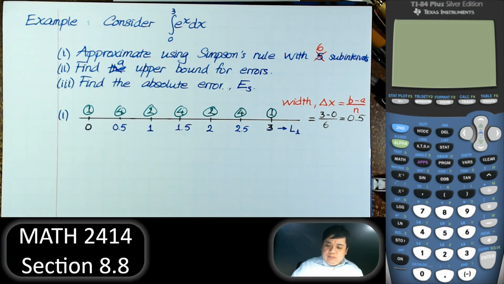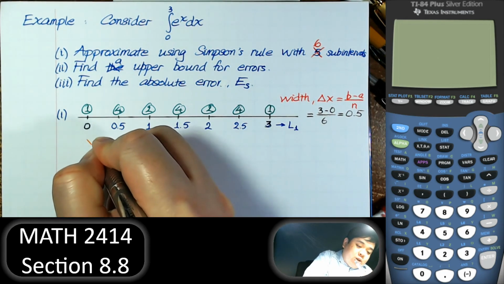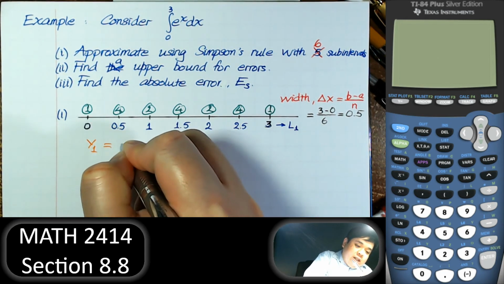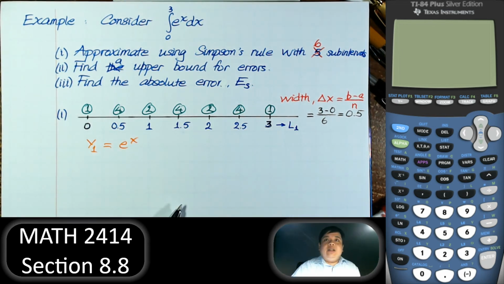Right, so to avoid any error like I made earlier, the first thing we do is just store the function. It's e to the x. So Y1 equals e to the x power. Just put that in first.